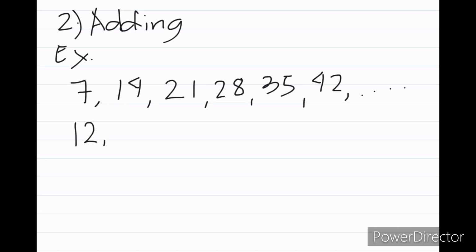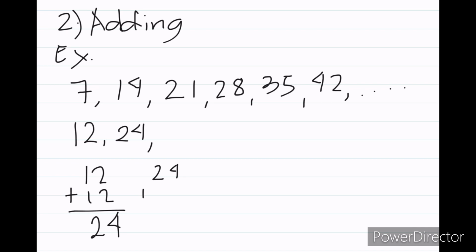Let's start with 12 by adding 12. 12 plus 12: 2 plus 2 is 4 and 1 plus 1 is 2. So 24. Next, let's start again with 24, then add 12. 4 plus 2 is 6, 2 plus 1 is 3. So we have 36.